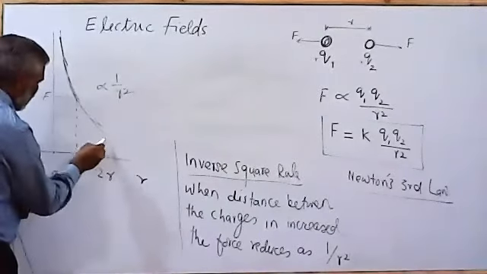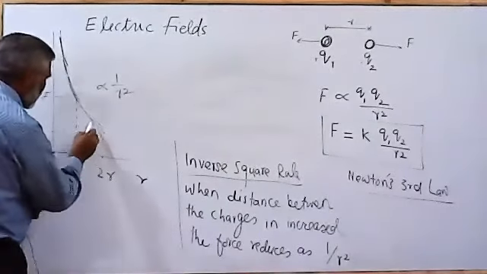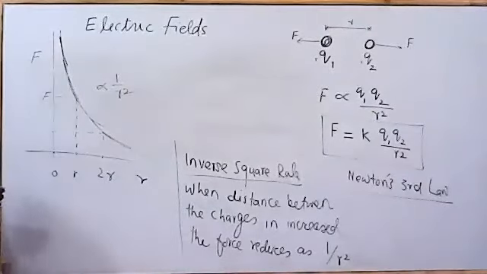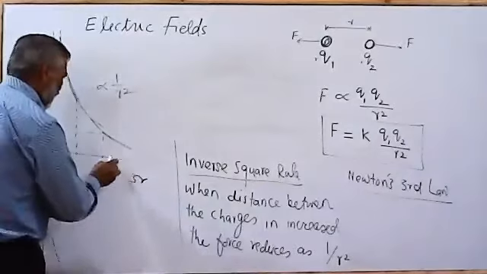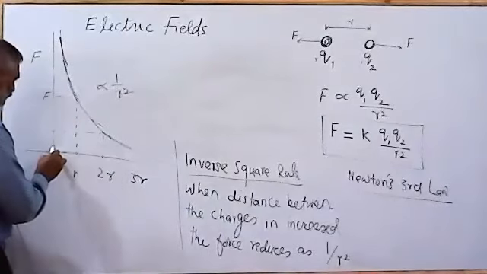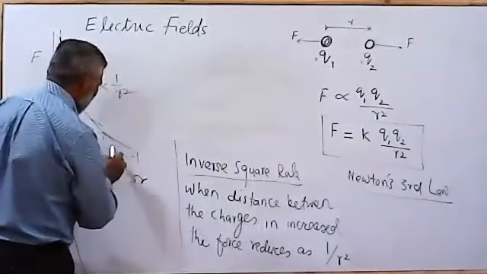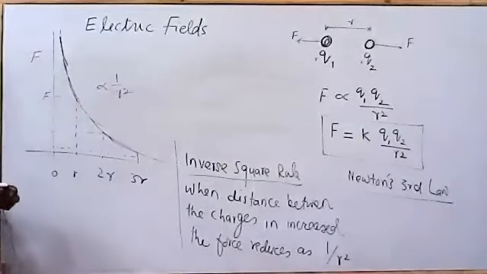So there is a steep fall in it. So this is a more realistic graph. At 3r it will be 1/9 of its value. So suddenly it will come here. So this is how this graph drops. So this is inverse square law of force.